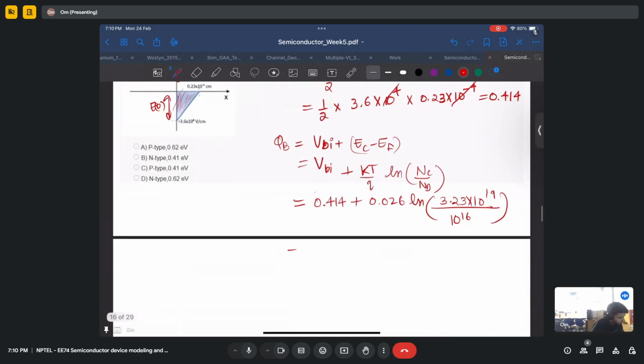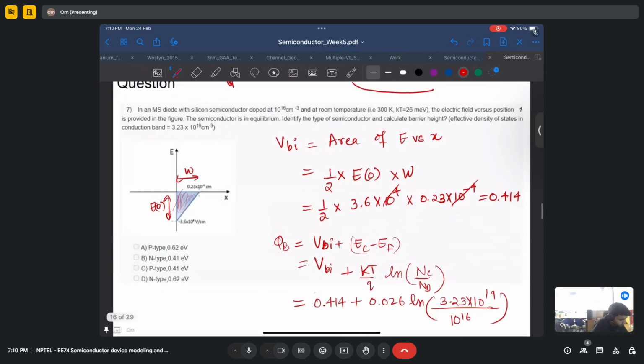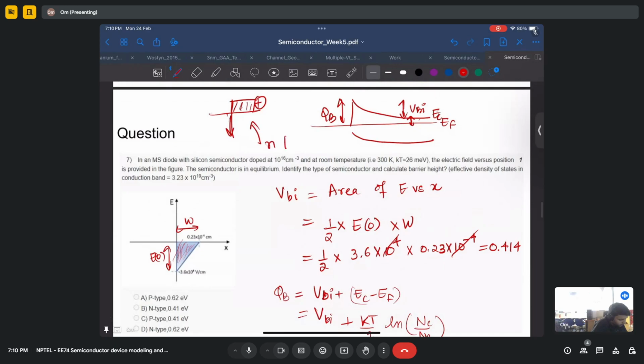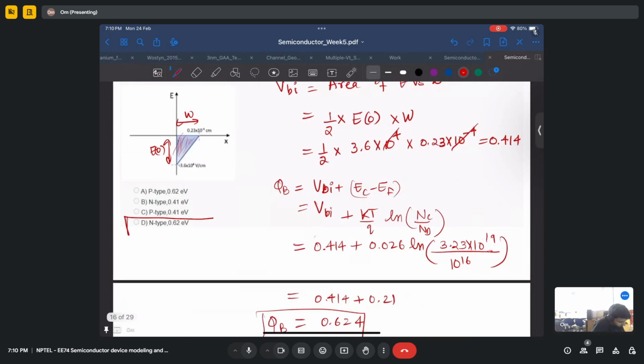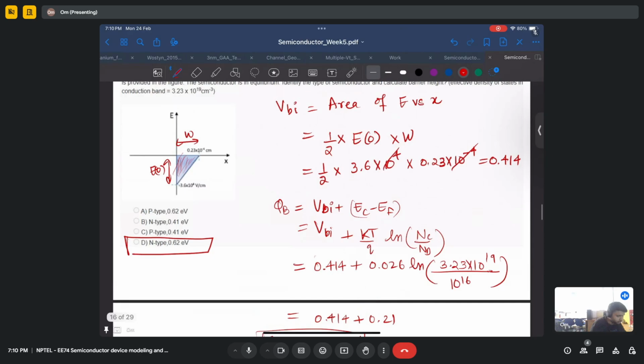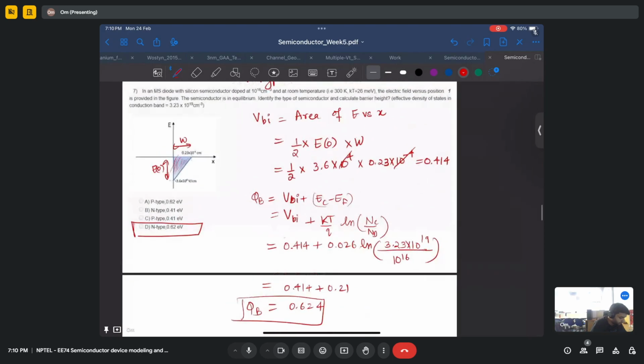If we solve this, what we get is 0.414 plus 0.21, which is 0.624. This is 5B. And we have already seen this is an N-type semiconductor. So the answer is option D. 0.62 electron volts is the 5B, and the semiconductor is N-type.